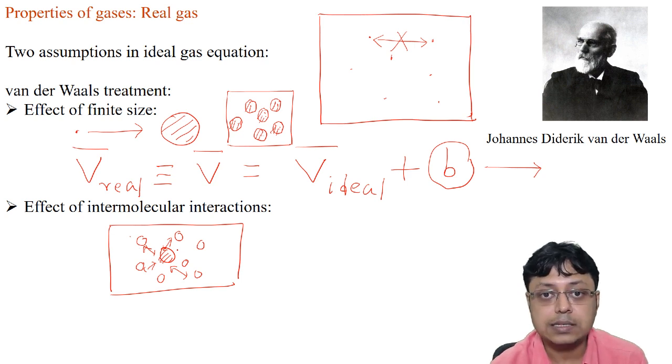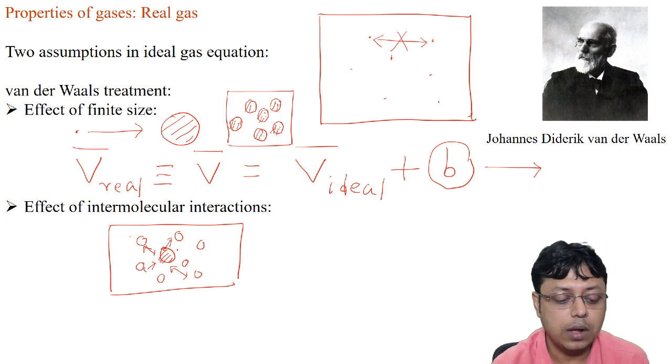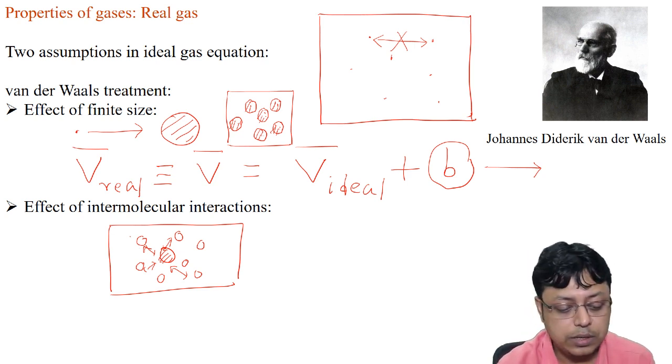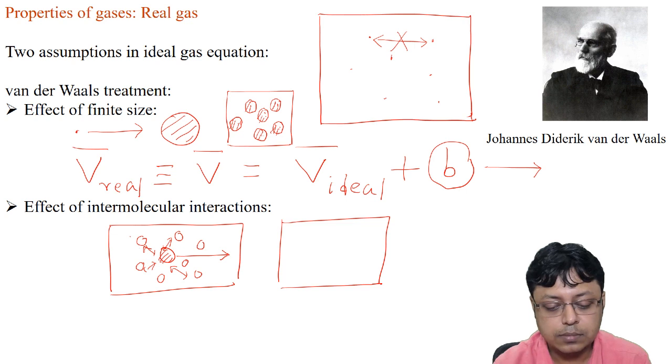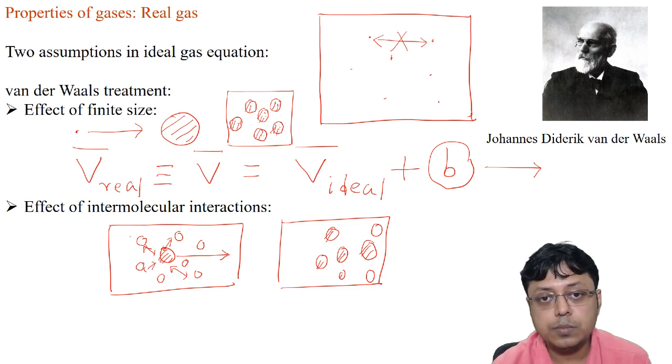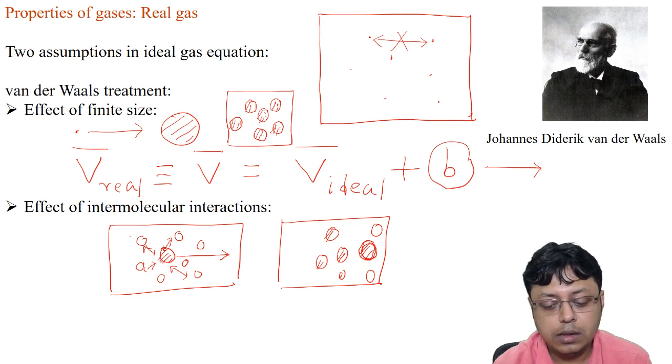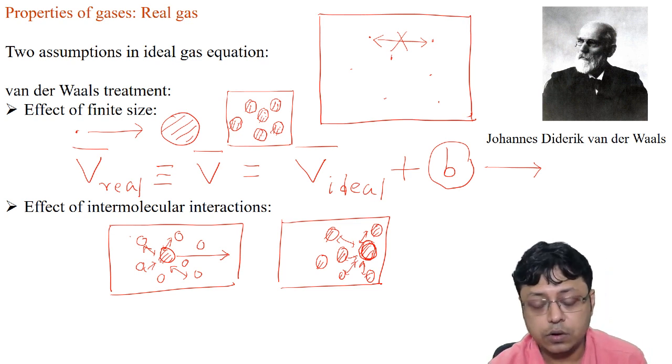However, the pressure of a gas is exerted when it strikes the wall of the container. Now let us consider when this molecule starts moving and tries to hit the wall of the container. Now when this molecule hits the wall, at that instant it is also attracted by the molecules which are near the surface and also by the molecules which are in the bulk, inside the container.